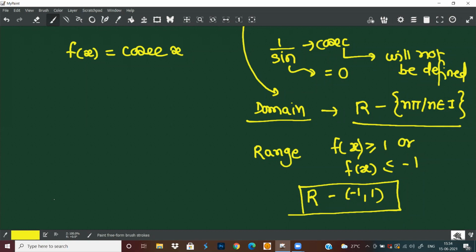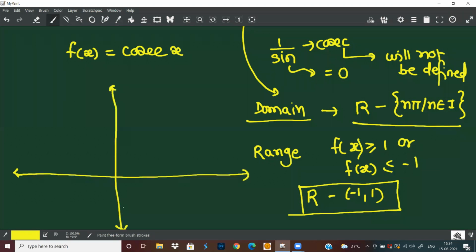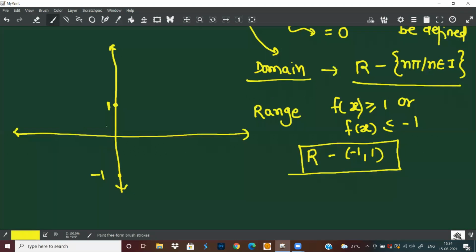So now let us draw the graph of cosec x. अभी ये क्या बोलता है? ये मेरा 1 है और ये मेरा अगर -1 है तो मेरा जो ग्राफ रहेगा ना, ये 1 और -1 के बीच में आएगा ही नहीं, because it is either greater than 1 or less than -1. Correct?